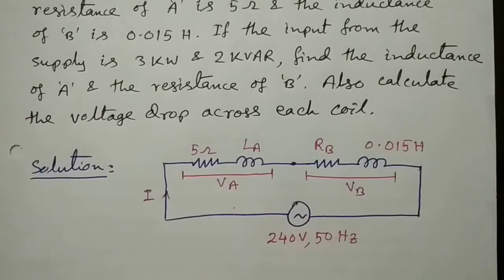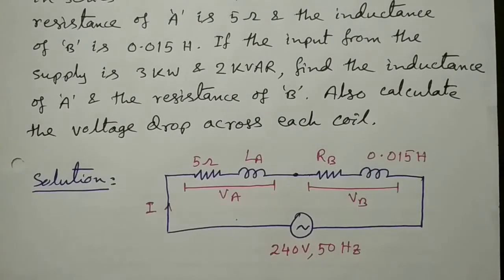Here is the circuit. This is coil A. The resistance of the coil A is 5 ohms. Inductance we have to calculate. Similarly, for coil B, the resistance we have to calculate and the inductance is given as 0.015 Henry. Supply voltage is 240 volt 50 Hz.